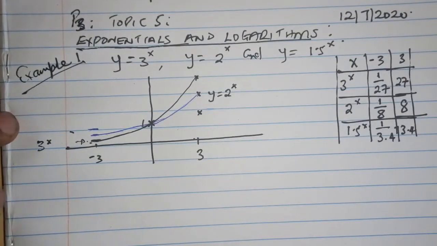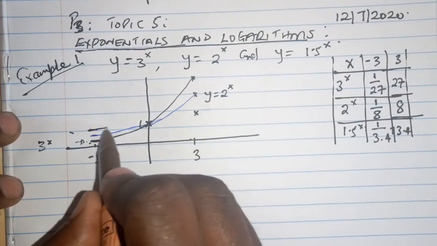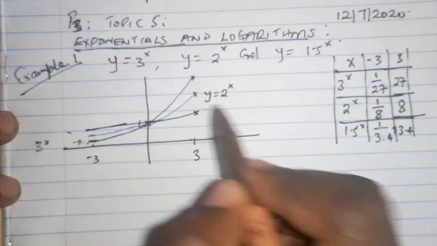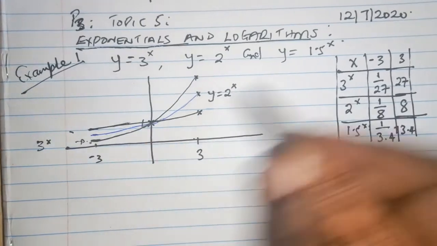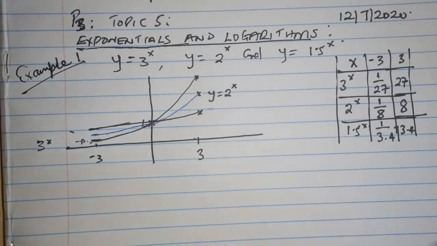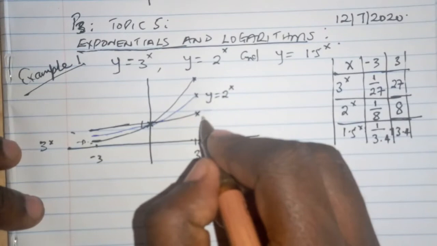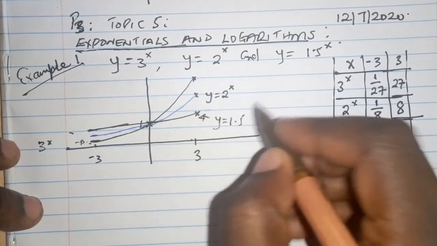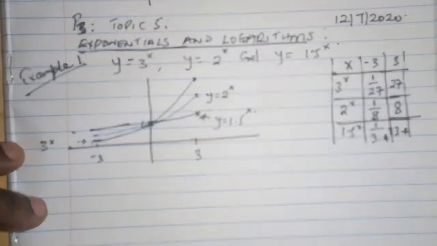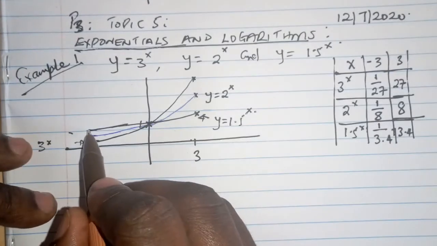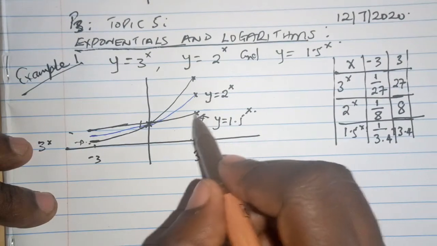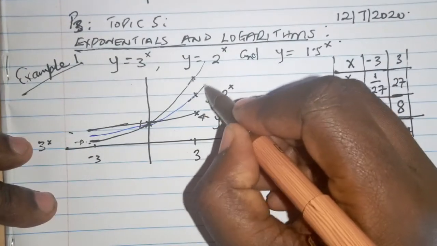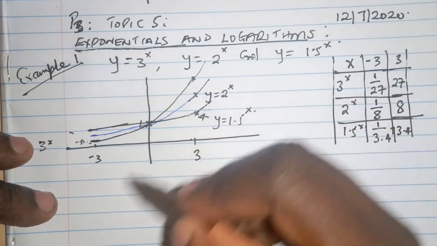But look, there's a graph here which again passes through (0, 1) but continues to be smaller when x crosses to the positive side. So I would highlight this one as y equals 1.5 raised to power x. These graphs are not straight lines, but you would see with time that this one continues to rise, this one continues to rise, and this one again continues to rise.